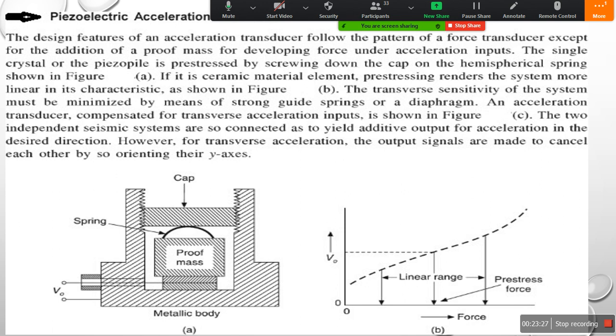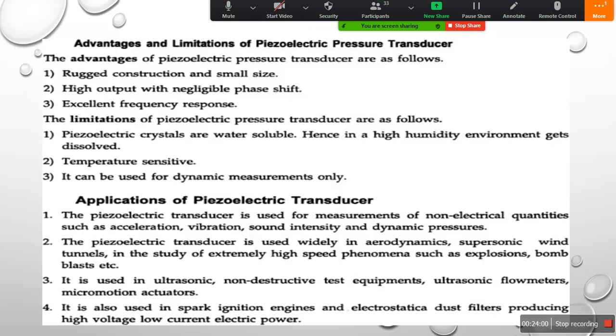That means more and more voltage is generated, but if it goes completely beyond that because of the force, then immediately it has to pre-stress. That means it has to come back to some position, or decrease with respect to the spring. Suppose the spring is continuously applying the force, then it will be compressed, and slowly when you are releasing the spring, the force will be released. So when you release the spring, automatically it pre-stresses the force. That is how you can manage the piezoelectric acceleration transducer.